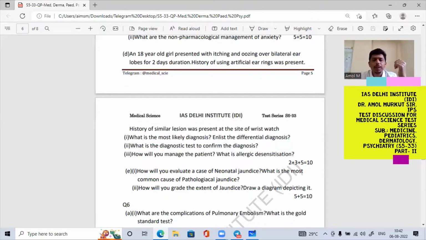Checking for hypothyroidism, hyperthyroidism, and other hormonal or endocrine problems. These are the steps in evaluating a case of neonatal jaundice. Okay.